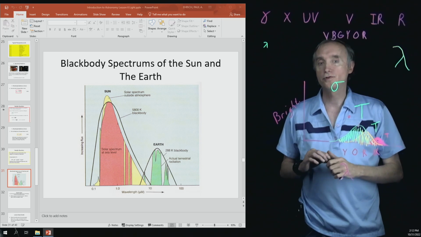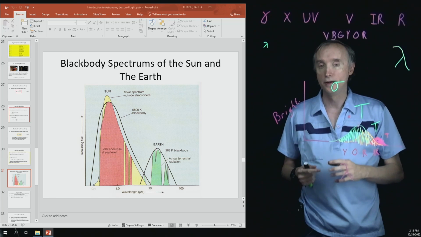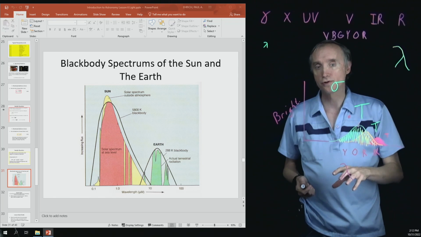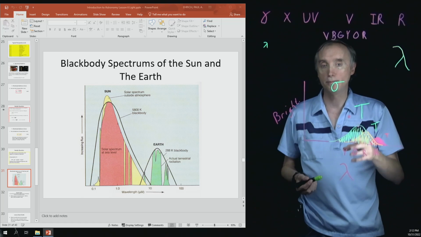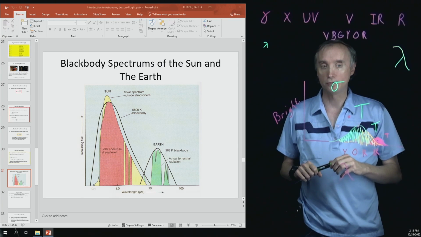Then they wanted to try it for the Earth. For the Earth, they calculated what the theoretical black body curve should look like, and then they actually measured the kinds of light given off by the Earth and plotted that on there, and it didn't work out so well.